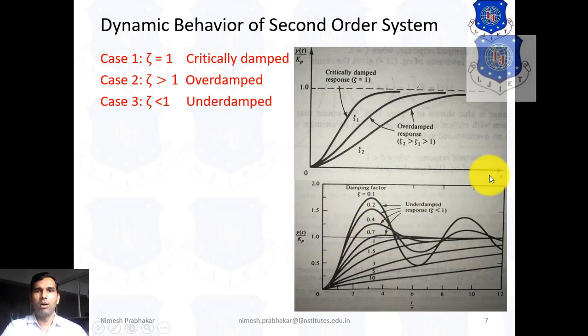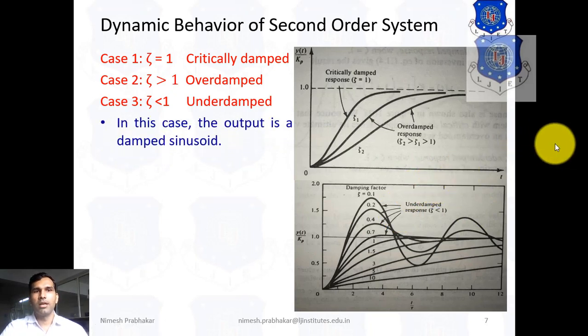Now from the graphical representation we can conclude the dynamic behavior of the second order system. In the third case, the output is a damped sinusoidal signal.